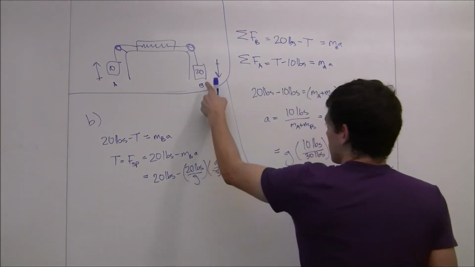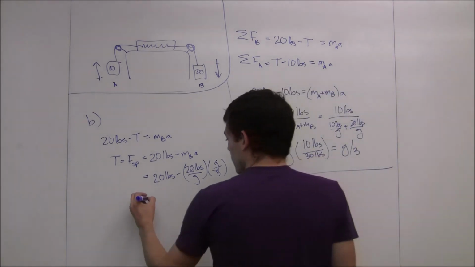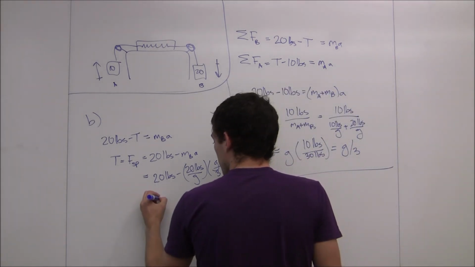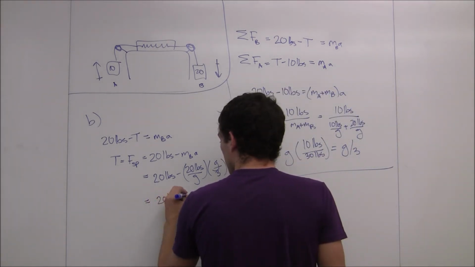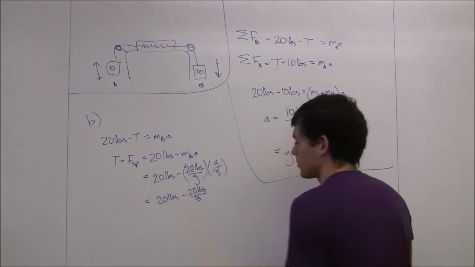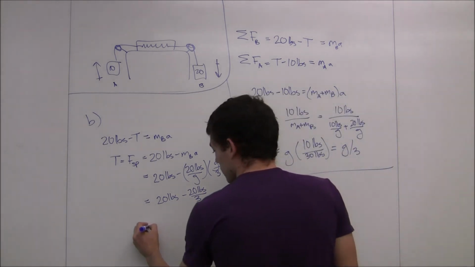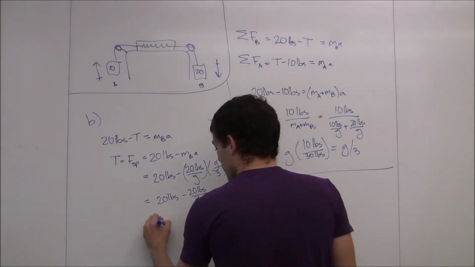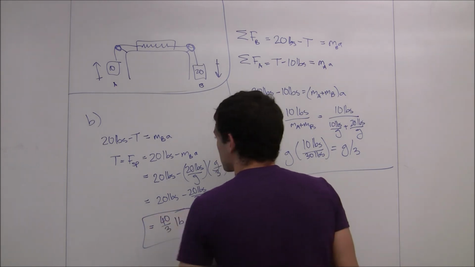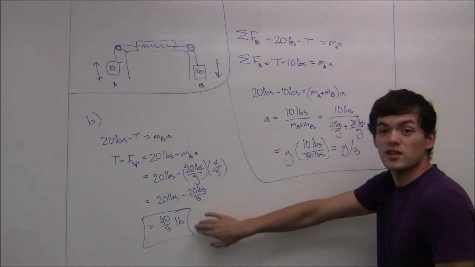Remember, this is the mass of block B, and this is the acceleration we got at the beginning of the problem. And this gives us 20 pounds minus 20 pounds over 3. And if we multiply this by 3 over 3, we get 60/3 of a pound. And so, subtracting out, we get 40/3 of a pound. And that is exactly the spring force that the scale has to apply, and so that's what the scale is going to read.